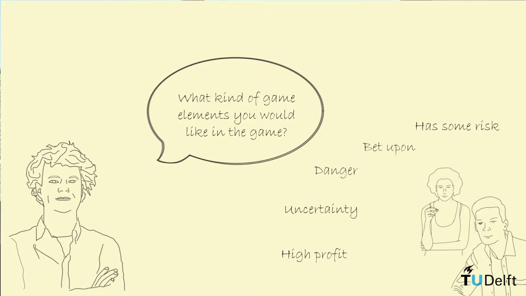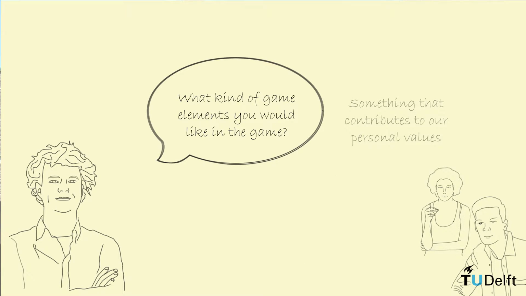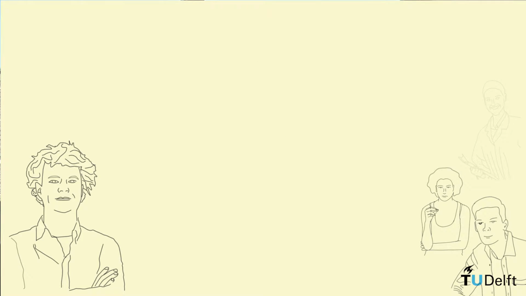So that was the kind of wager game element, and we would include it later. And they also said, well, we like something that contributes to our personal values, something that makes us feel better as a person, that we can get something out of it as a specific person.